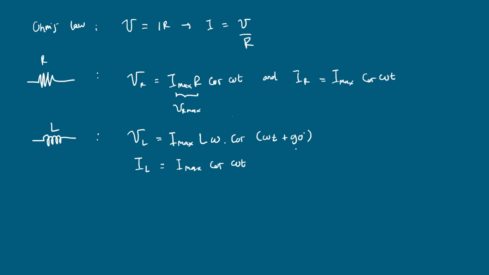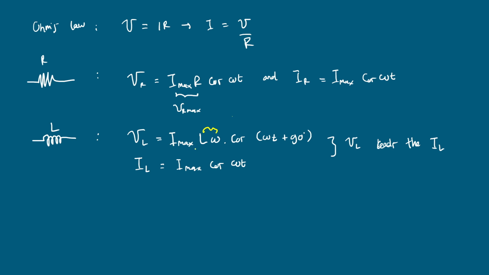Here we have a different phase angle for the current and the voltage in an inductor, so we can say that they are in different phase, and the voltage leads the current.